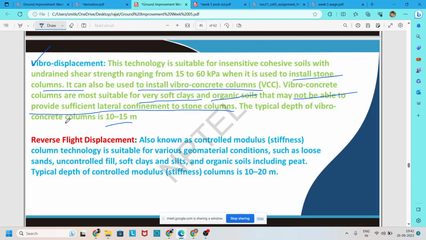The third one is the reverse flight displacement method. We already discussed this one. A reverse flight auger is used to remove or displace the surrounding soil. After that, designed grout material is inserted in this void space and the ground is improved.